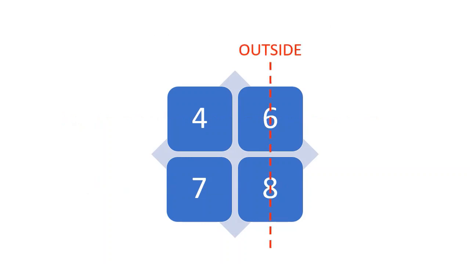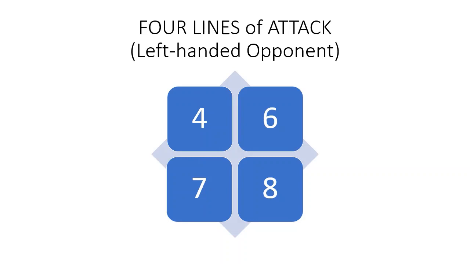Now the outside line, still aligned with the opponent's shoulder, is on the opposite side from what it would be for a right-handed fencer. For the remainder of this presentation, we'll assume that we're facing a right-handed opponent, since that's the most common situation any of us do face.